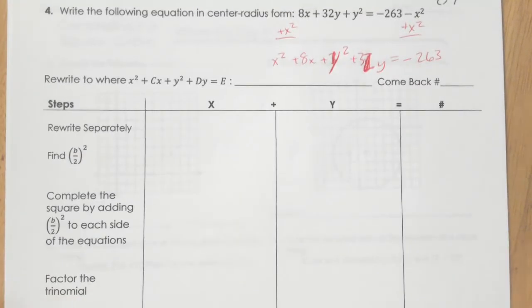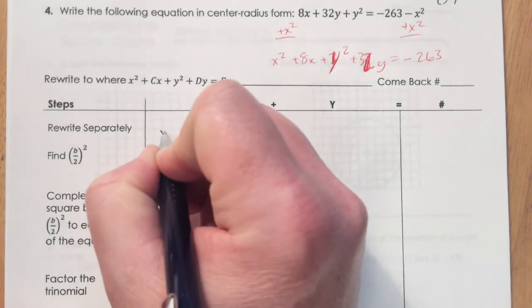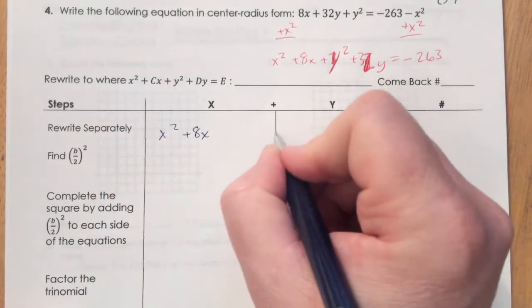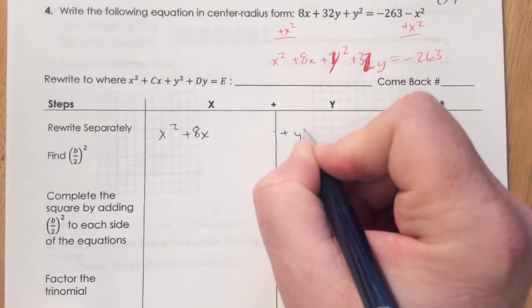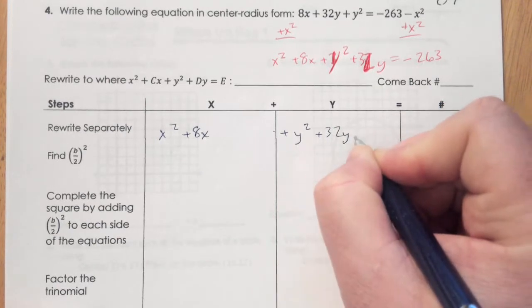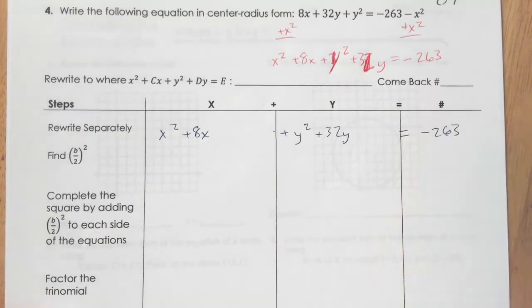Let's go ahead and bunch this together. I have x squared plus 8x, leave some space, plus y squared plus 32y, leave some space, is equal to that number, negative 263.